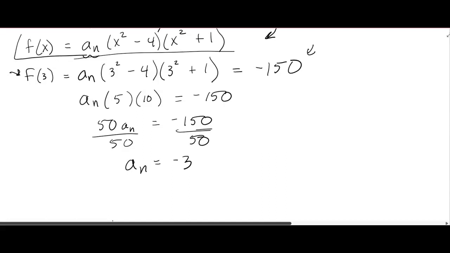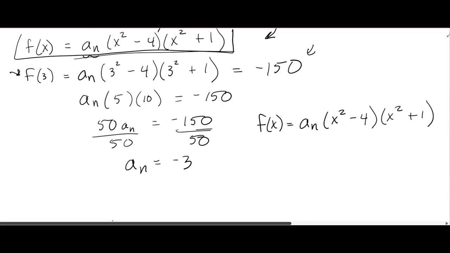Now go back to this line right here where we said f of x equals a sub n times x squared minus 4 times x squared plus 1. Then we're going to have negative 3 times x squared minus 4 times x squared plus 1. Now, they usually multiply this out.